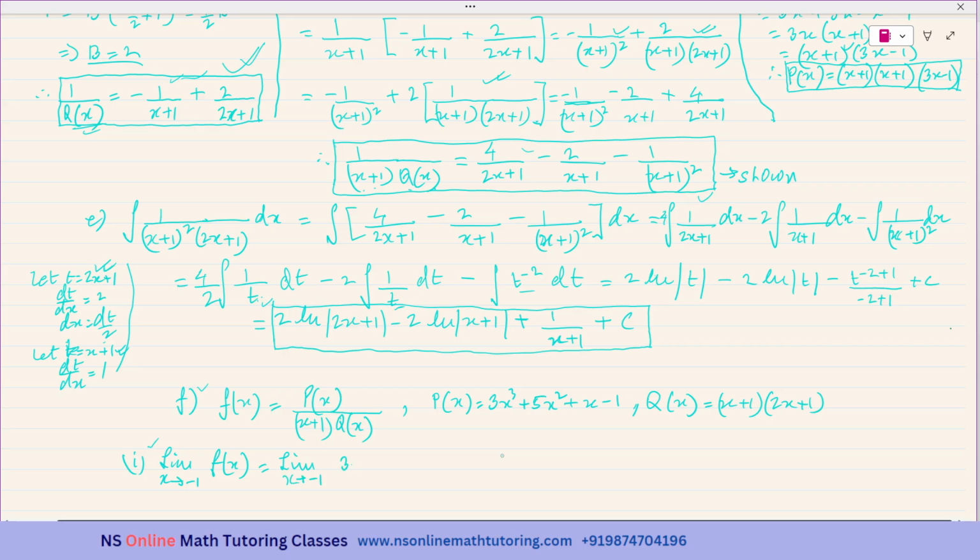It was (3x³ + 5x² + x − 1) over, this is (x + 1), this is (x + 1), so I'm writing (x + 1) whole square times (2x + 1). And let us see, we had factorized this.